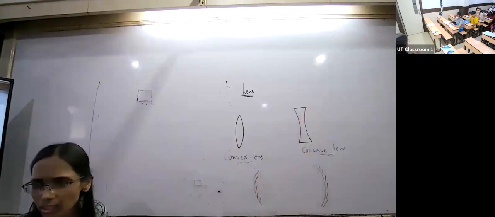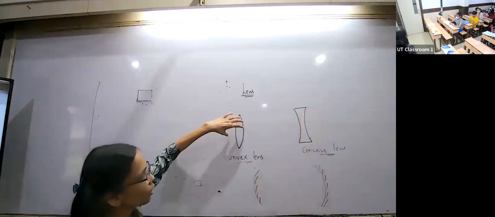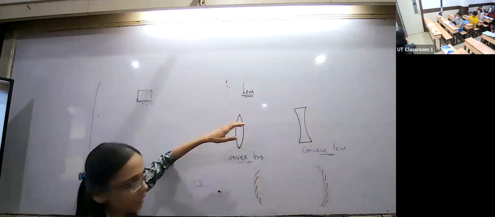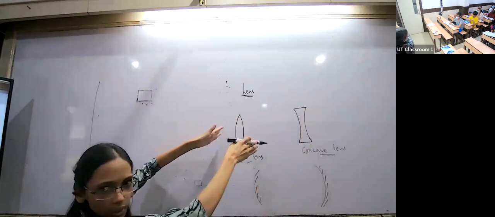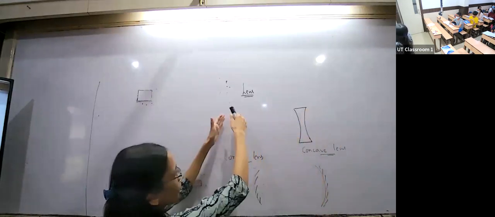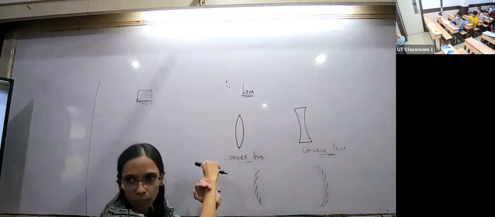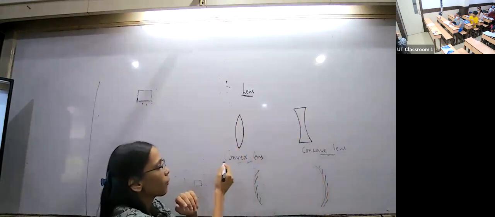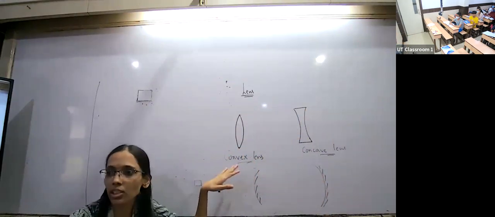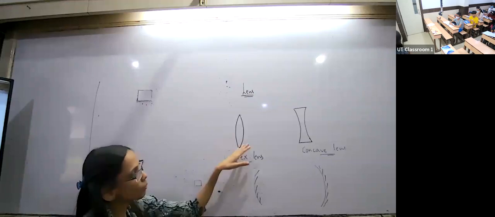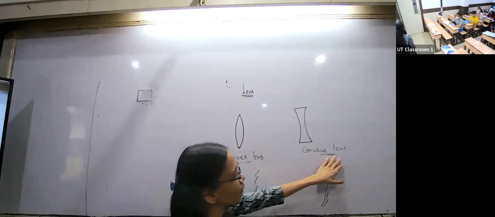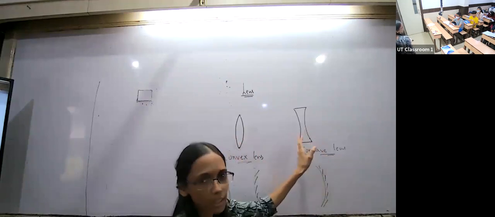In general, when the medium is bounded by two curved surfaces, in this case bulging outwards, and in this case inwards, we call it a double convex lens or convex lens. Whenever we refer in general to a convex lens, we mean a double convex lens, and whenever we say only concave lens, we mean a double concave lens.